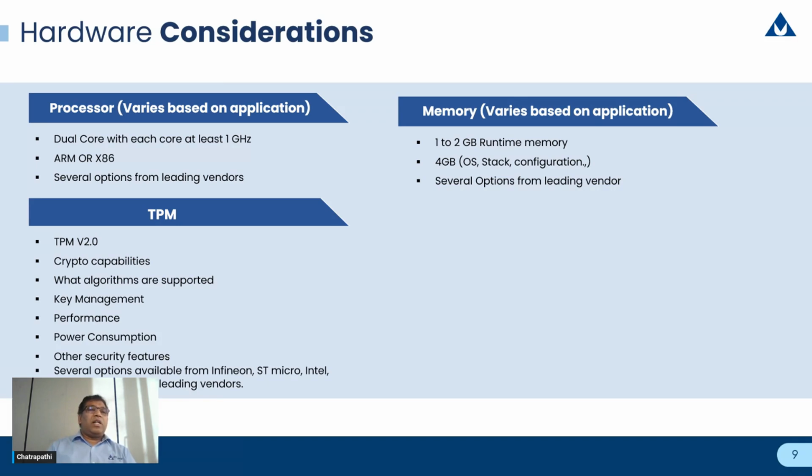And you should look at different crypto capabilities. What are all the different crypto algorithms that are supported, and what kind of key management features are there, and if they can do the encryption and decryption on themselves as a co-processor to the actual processor, taking much of the encryption and decryption loads off the main processor.